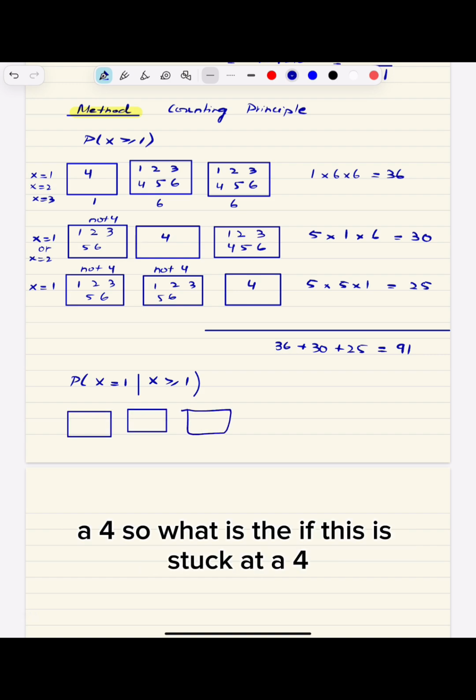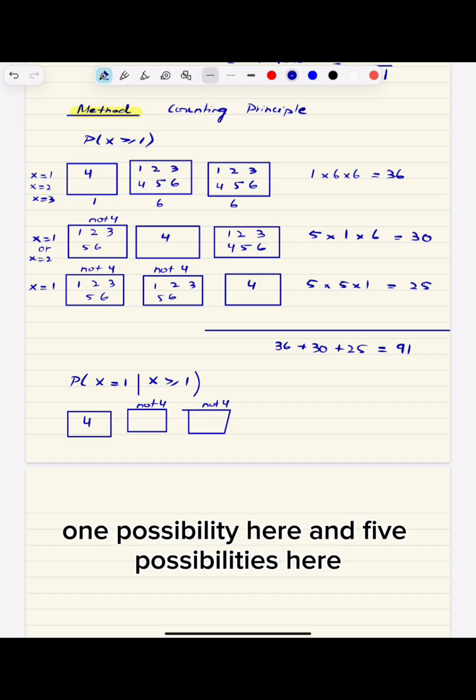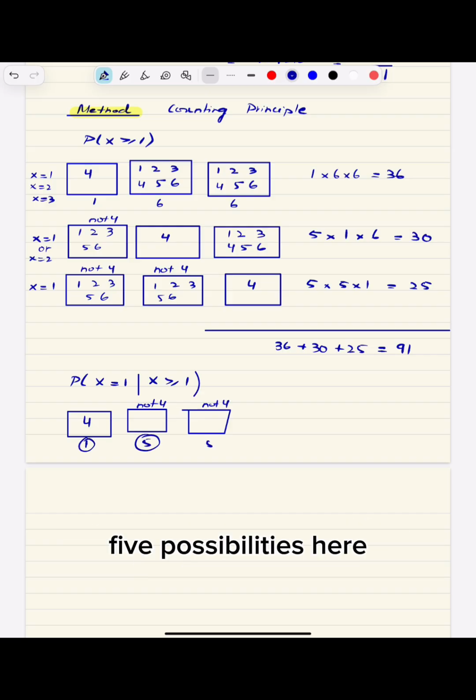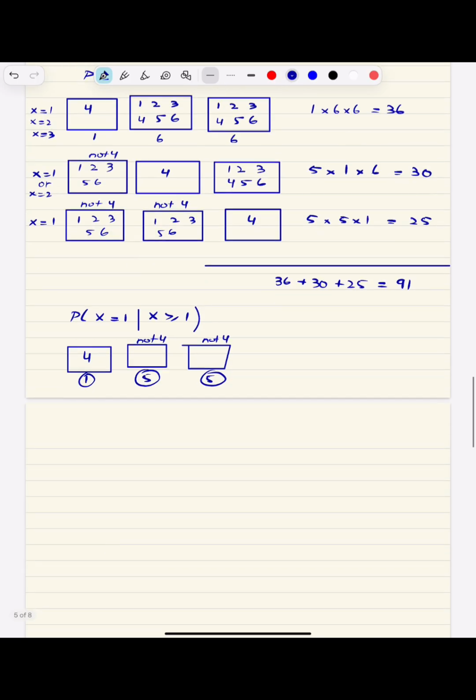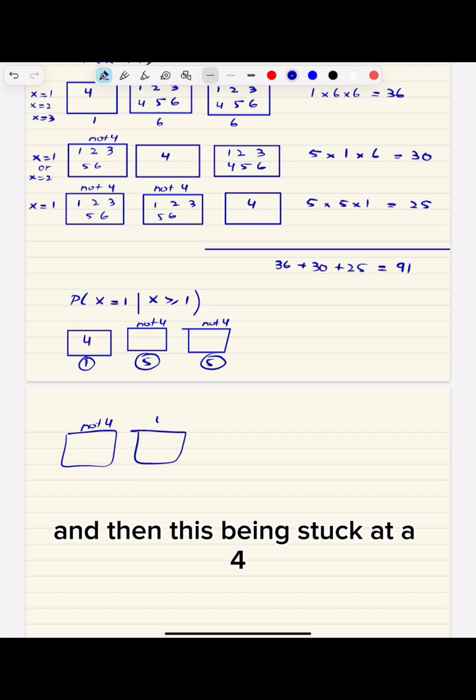And I want to create a scenario where I imagine there being exactly one 4. So if this is stuck at a 4, then this cannot be a 4 and this cannot be a 4, right? So there is one possibility here and 5 possibilities here, 5 possibilities here. And then we have an option of this not being a 4 and this being stuck at a 4.